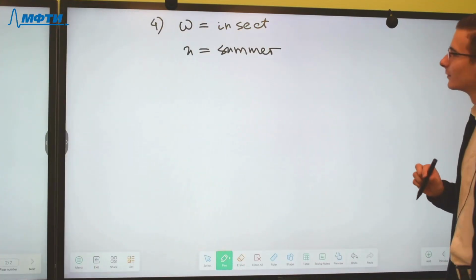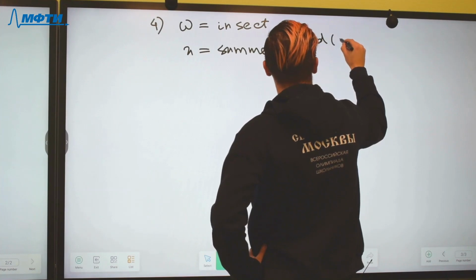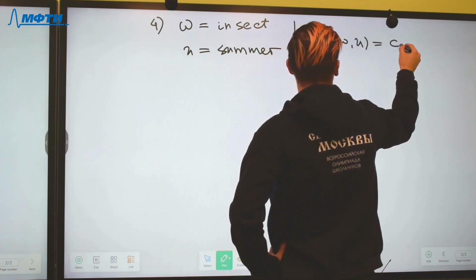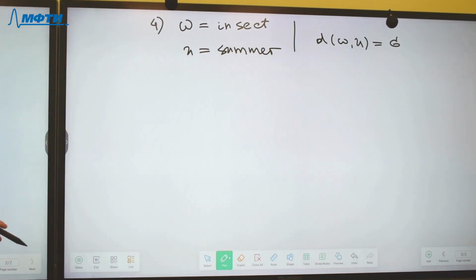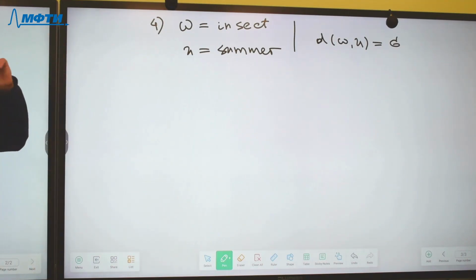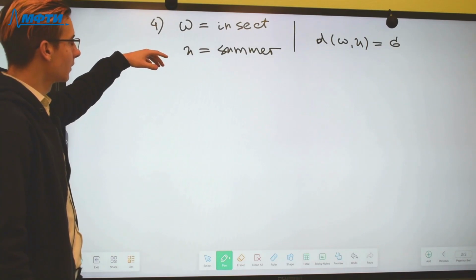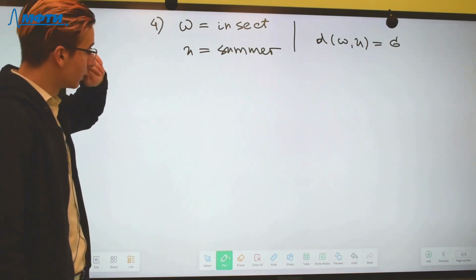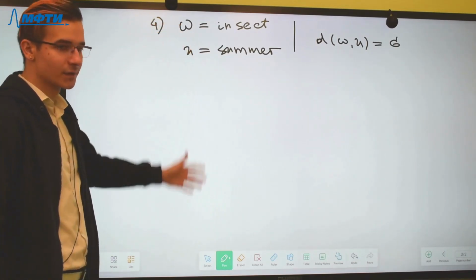I think the distance between these two words equals 6. Because if we try to add empty characters, we see that the places where the difference is only improve the number of these places.